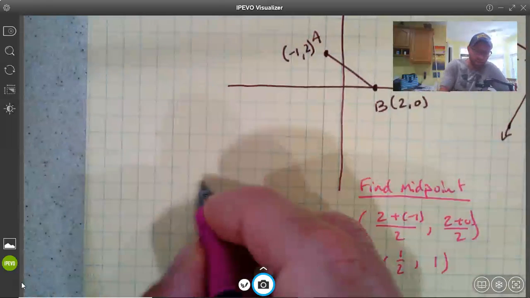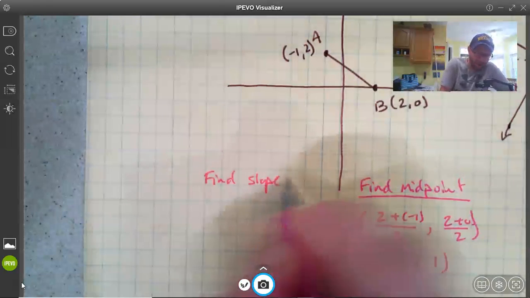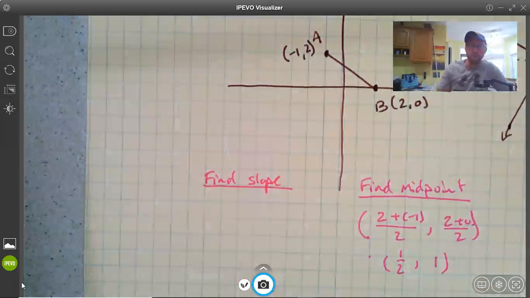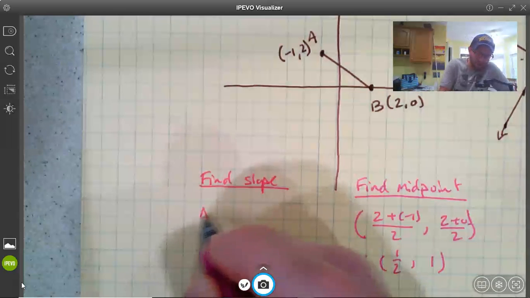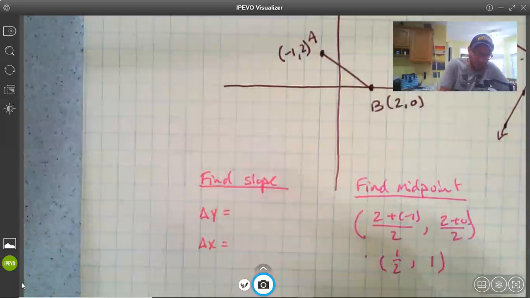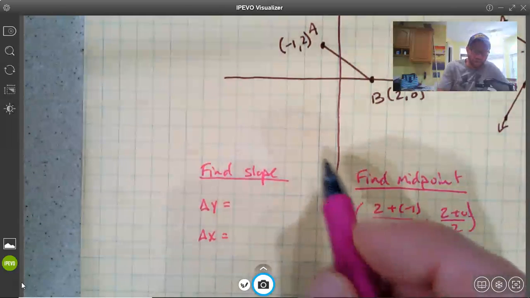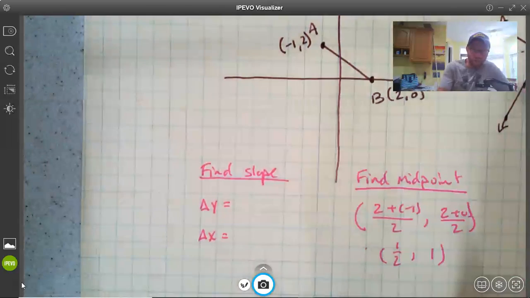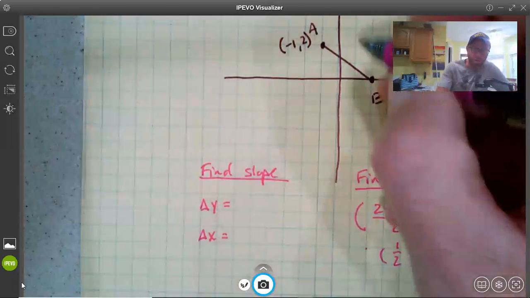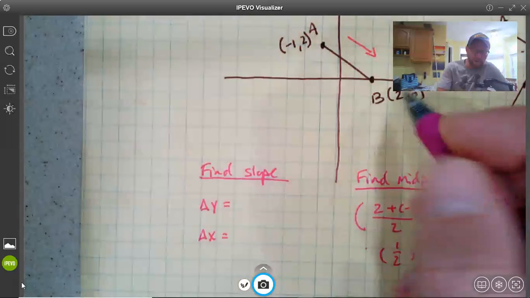So let's go over here. I'll put find slope. So in order to do that, we had to find our delta y and our delta x. That was our change in y and our change in x. We have to make sure we're traveling in the same direction for each, so I'm going to choose that we're going in this direction.